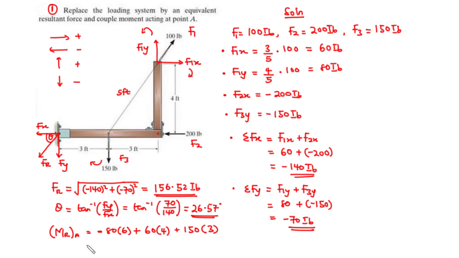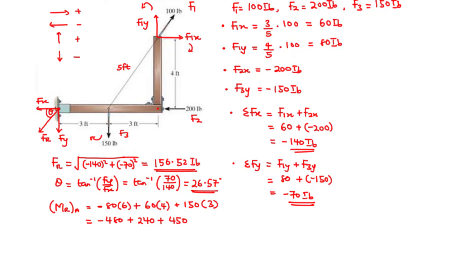Now let's simplify this. So negative 80 times 6 is negative 480 plus 60 times 4 is 240 plus 150 times 3 is 450. Now when you add all three values, then you obtain 210 pounds feet.